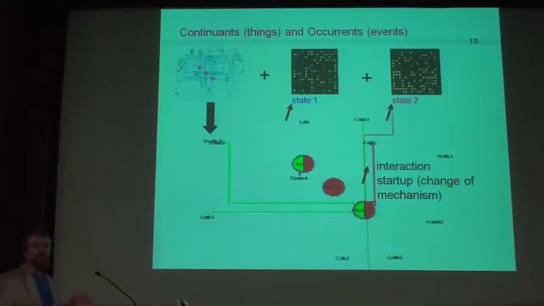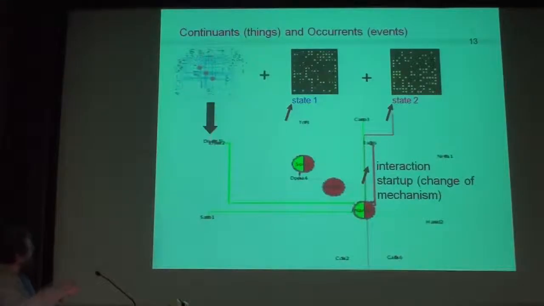And ontologies are ways of having a formal vocabulary, a well-defined vocabulary, and also encoding knowledge about how the terms relate to each other, and which things are parts of other things, for example. And ontologies usually start with continuants and occurrents, so the world is divided into things and happenings, events.